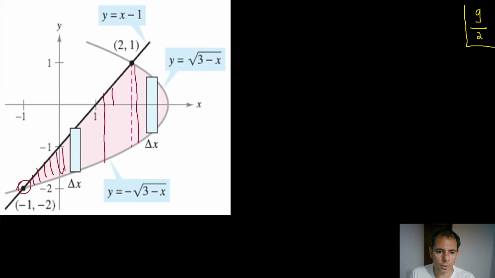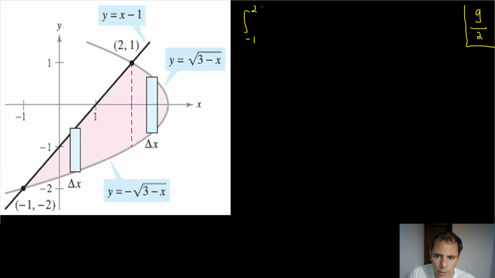That's why sometimes you want to graph the functions, examine the graph and say, hey, in order to find out the area of this, I think it'll be easier if I do it this way than if I do it that way. But let's do it, because I want to prove that's the same stuff. So looking at the graph, I'm going to do it here, and then I'll erase. We're integrating with respect to x, so it's going to be from -1 all the way to 2 of, what is the top function?